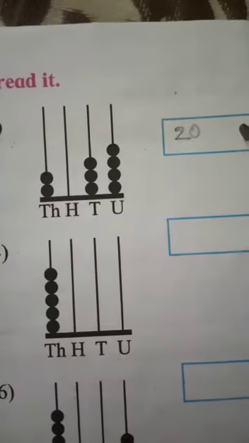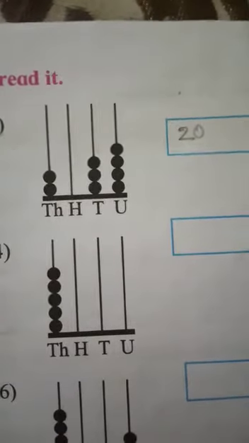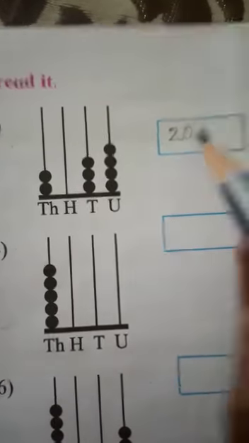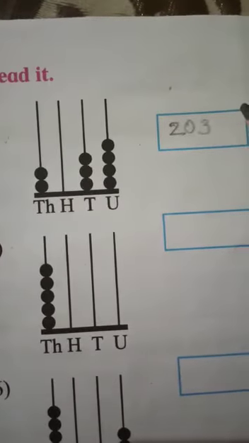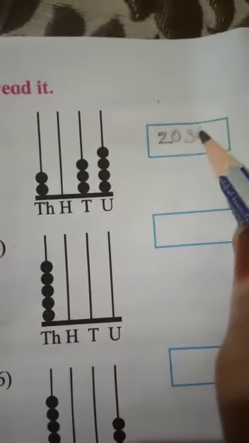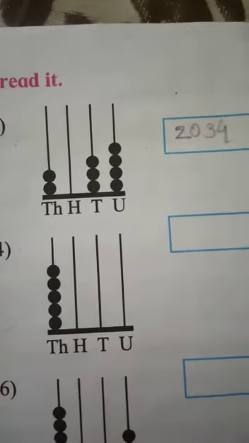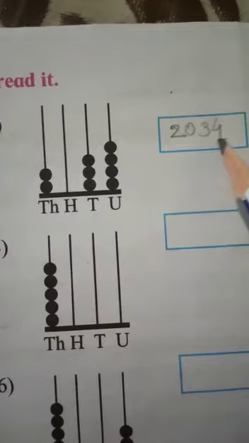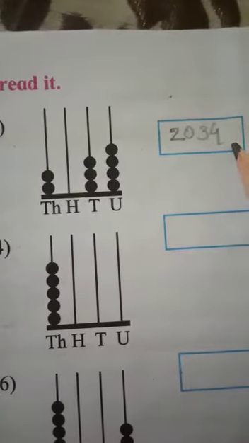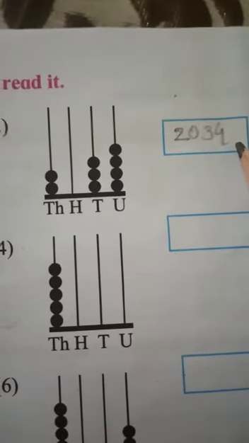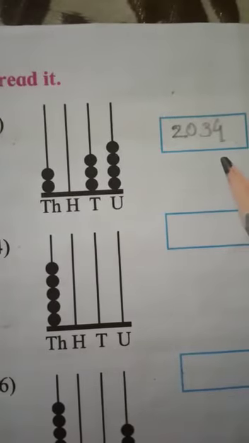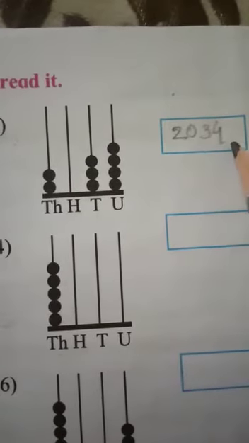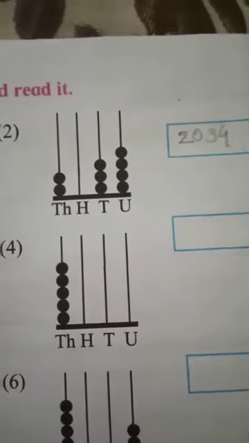After that tens, how many are there? Count it properly. 3. And the unit place, 4. It means 2034. It is a number, and it is read as 2034. Got all of you?